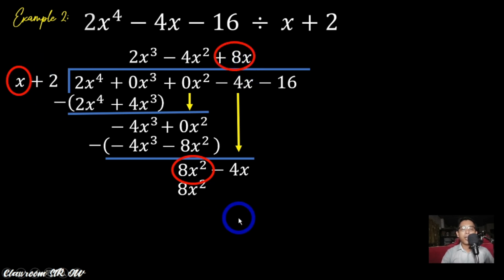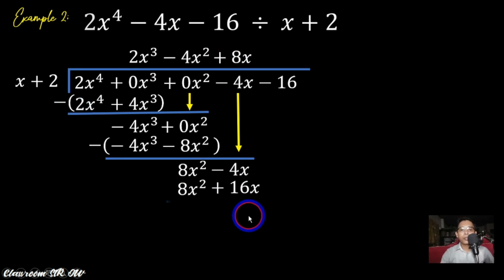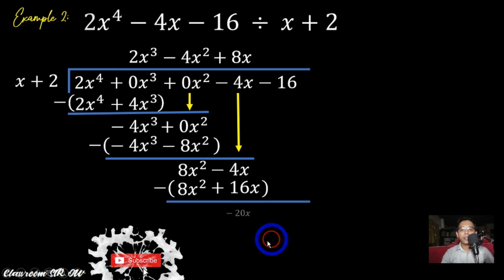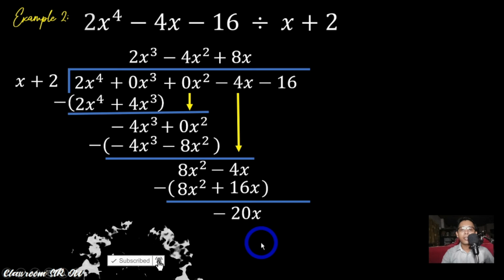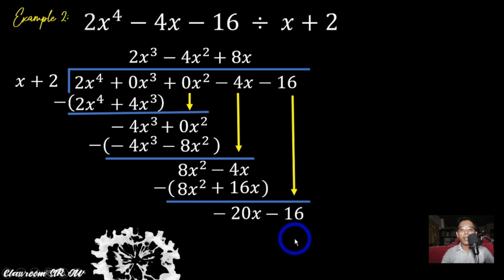So that is 8x squared. 8x times 2 is positive 16x. So we will subtract them now. So we have 8x squared minus 8x squared is 0. And negative 4x minus 16x is negative 20x. And after that, we will bring down negative 16.